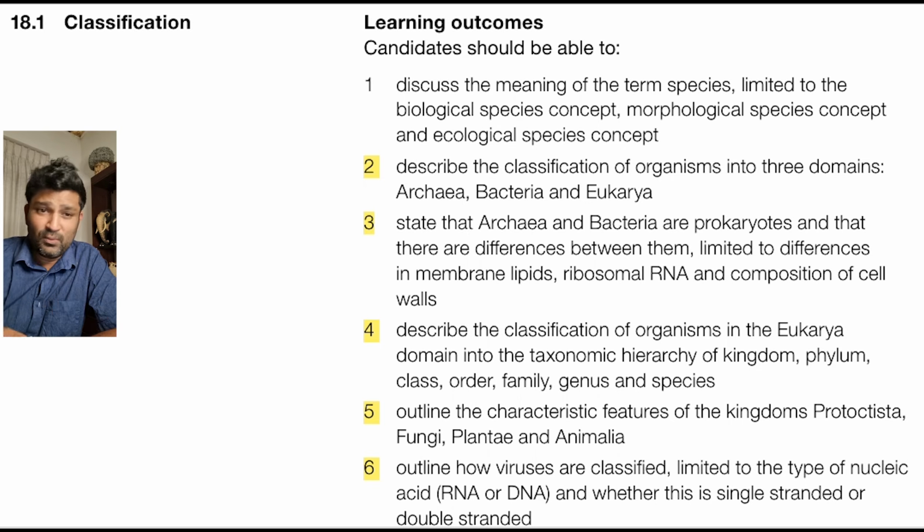Another area, as I said, was the domains were not tested, and even the kingdoms have not been tested enough, I feel, in Unit 4, where you need to know about the features of each of these kingdoms. So you might get a comparison over here, because even in the GCSE papers, there has been a lot of directing towards these kingdoms, the classification part and all that, which means the A-level syllabus also could be like that.